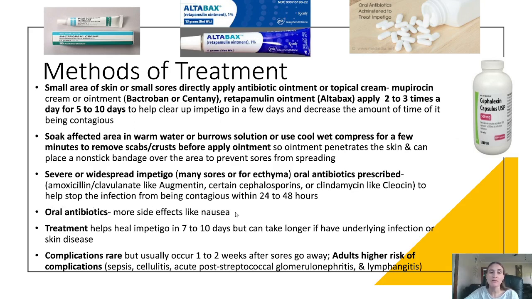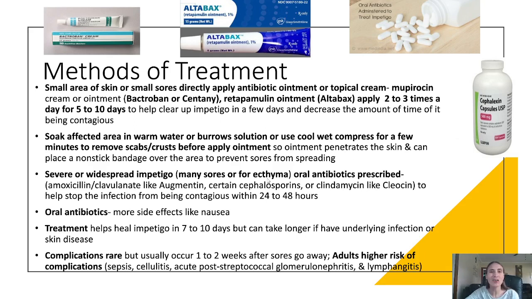These also help stop the infection from being contagious within 24 to 48 hours. Oral antibiotics have more side effects like nausea, so that is the downside compared to using just the ointments. But treatment, all in all, the goal is to help heal the impetigo in about 7 to 10 days.